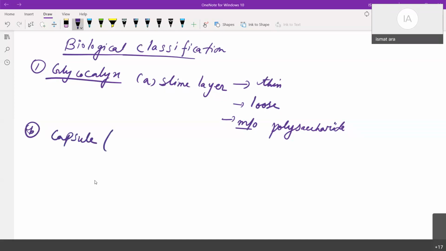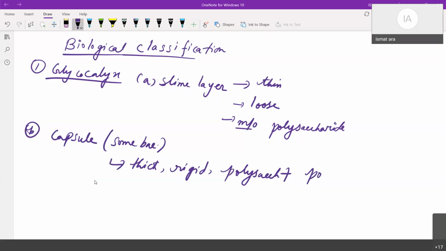Now, this capsule is present in some bacteria. Not all bacteria have capsules. The glycocalyx which is thick and rigid, and made up of polysaccharide as well as polypeptide, is called a capsule.